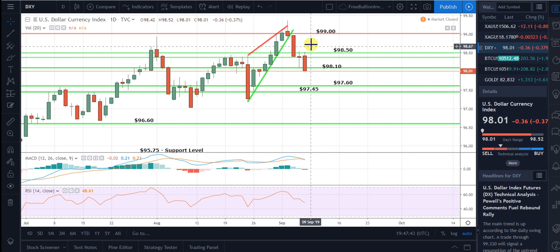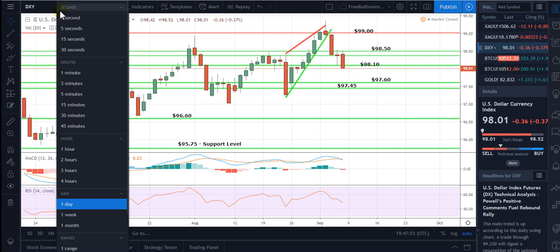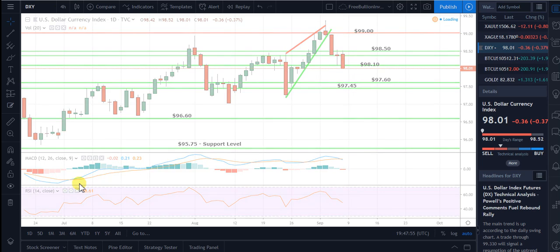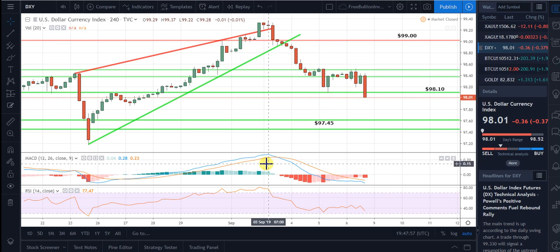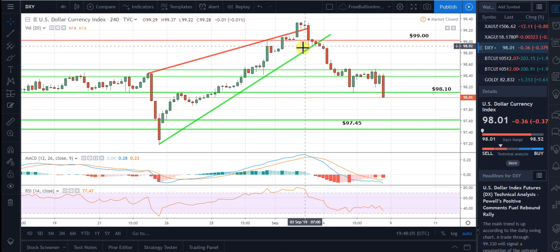It fell through most of last week, which was really what was predicted in last week's video, because the dollar was in overbought territory in the 4-hour chart. Let me show you that real quick. It was in overbought territory clearly on the RSI and the MACD, and there was really no other place for it to go except down last week.